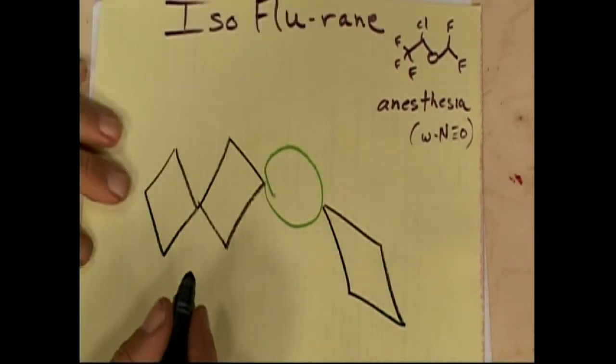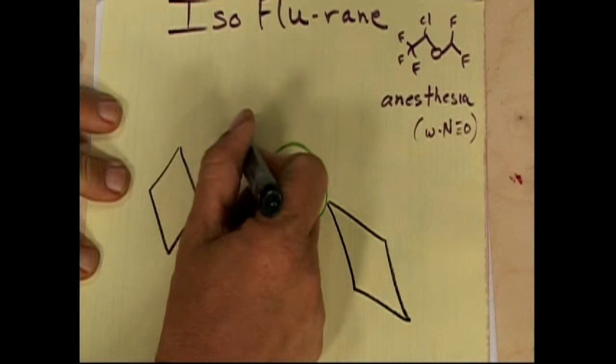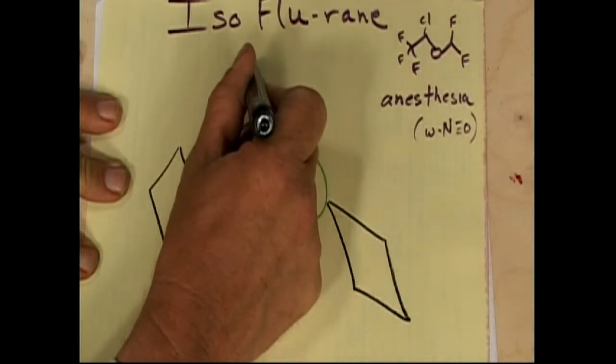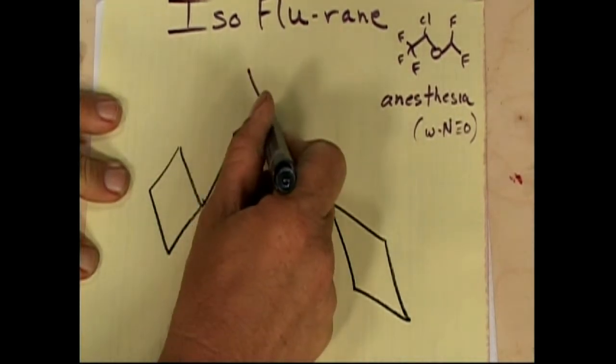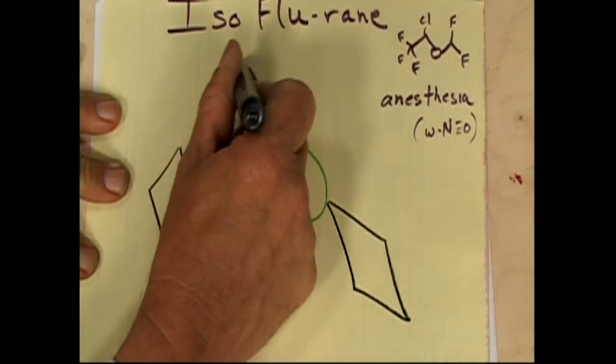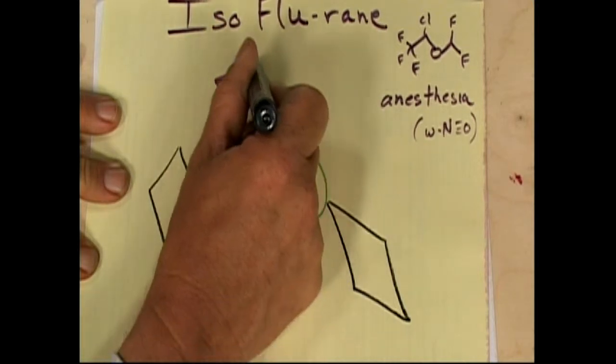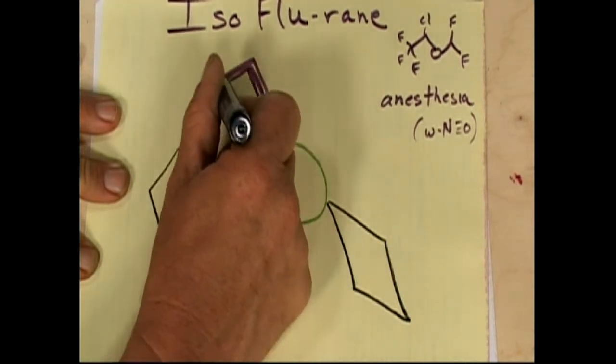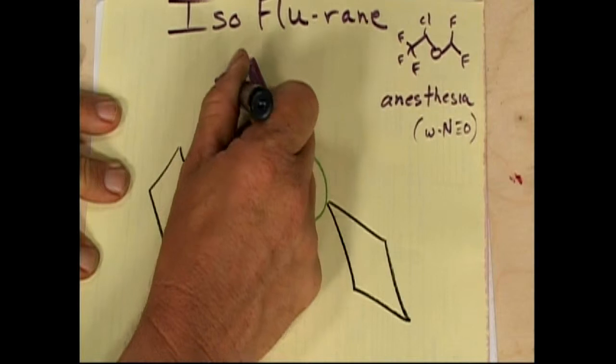Three F's right here. So let's get the first CL. So this would be bigger. See this again, we can draw it to scale. It's a CL.